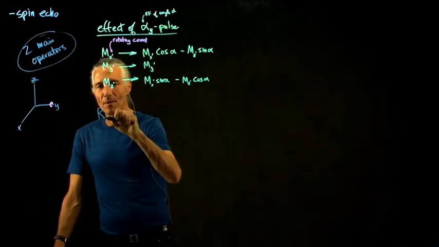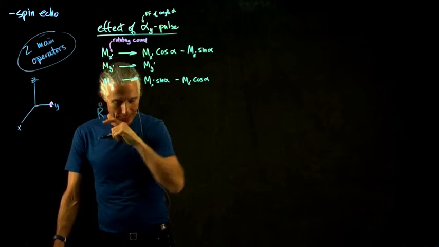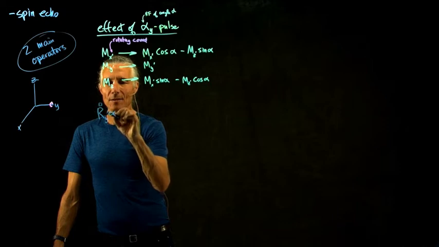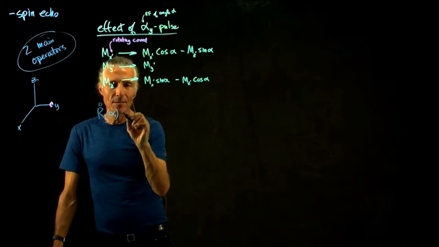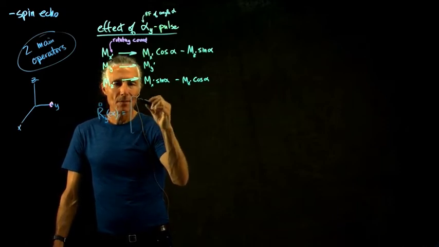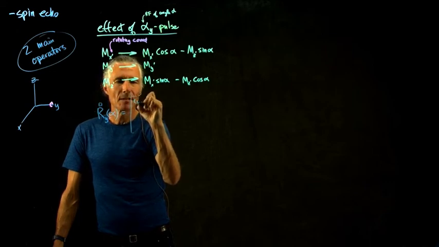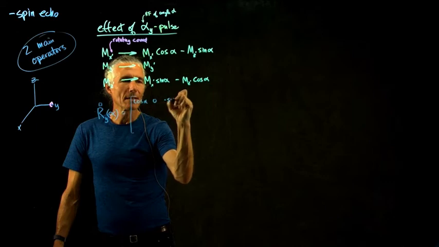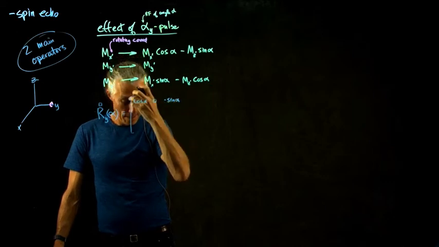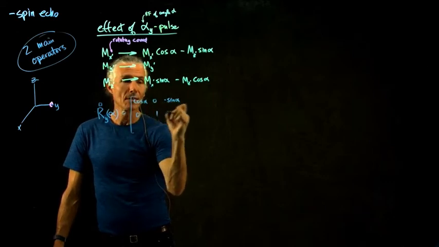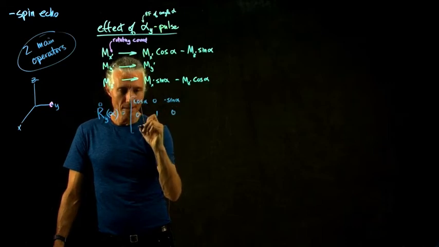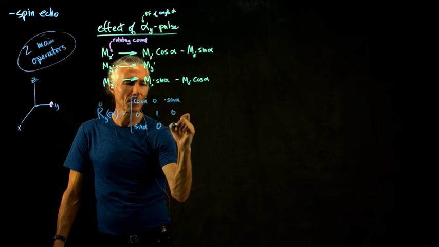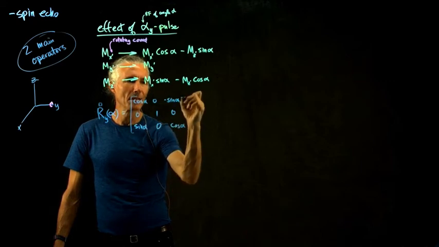We wrote it as a rotation matrix around the y-axis by a particular angle, which equals this 3 by 3 matrix: cosine alpha, 0, minus sine alpha; then 0, 1, 0; then sine alpha, 0, cosine alpha.